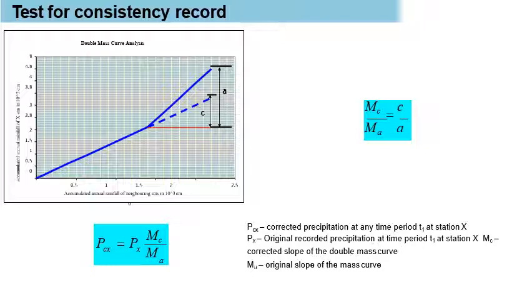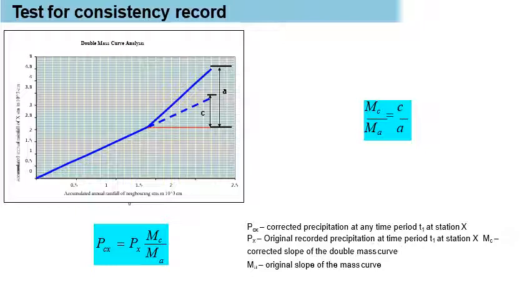However, we see that at some point this straight line deviates. That means there is an inconsistency of data at this particular point of time. In that case, you have to correct that data by this formula.